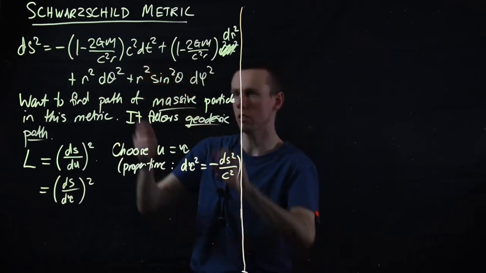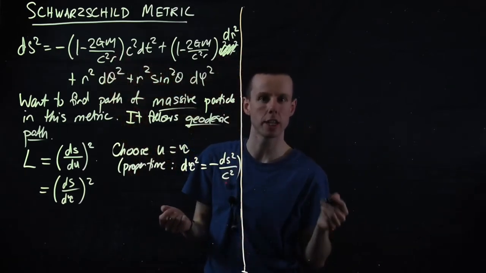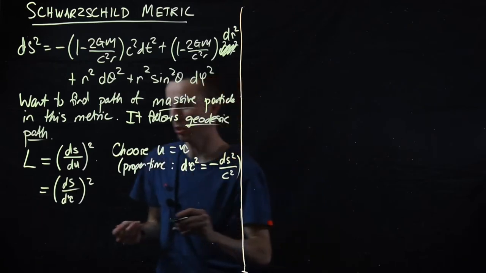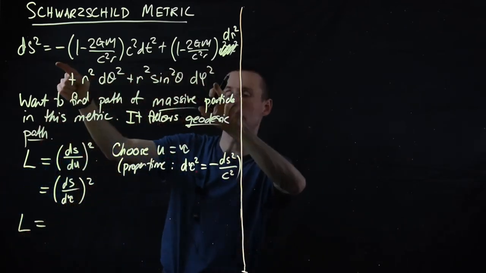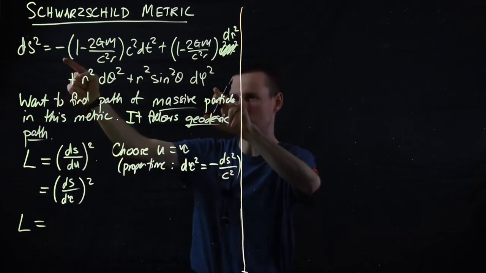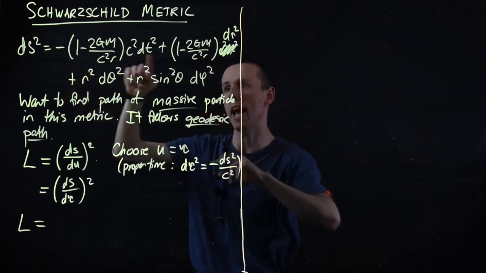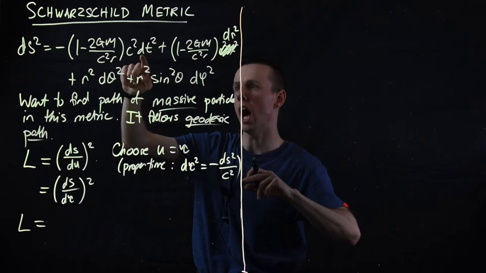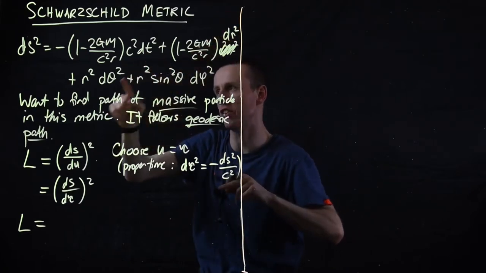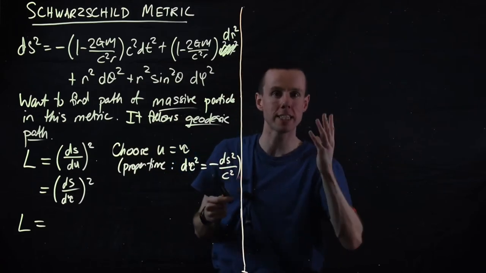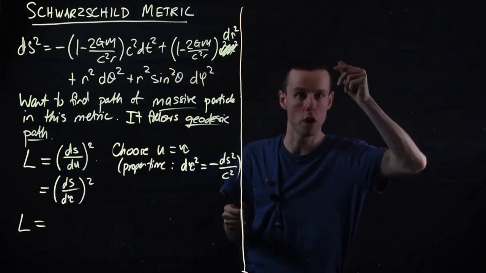Finding the Lagrangian, you do it the same way as I explained in the example in the last chapter. You simply take your expression for ds squared, the line element, and everywhere you have a coordinate differential, like dt or dr or d theta or d phi, you simply replace it by the coordinate with a dot.